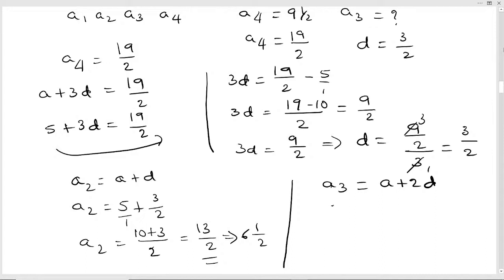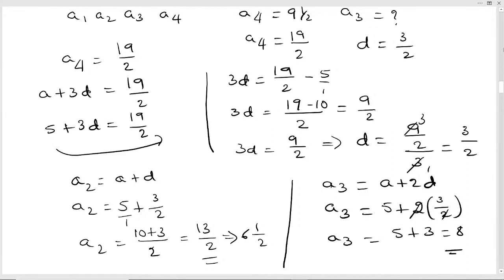So therefore the third term will be equal to a is 5 plus 2 into the common difference 3 by 2. So now here 2 get cancelled. So the third term will be 5 plus the remaining 3. The answer is 8. So therefore the third term will be 8. Now this is the third question, and this is how we need to solve the question, children.